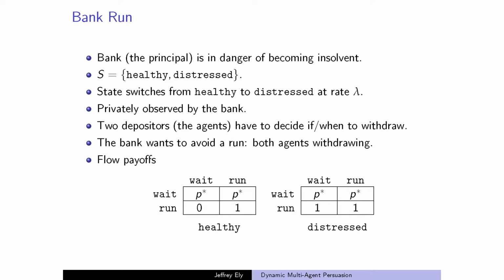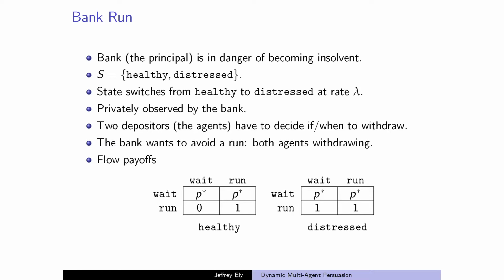And now here is the highly parameterized part. I'm going to describe here the flow payoffs of the depositors. That is their incentive to withdraw as a function of their beliefs, not just about the health of the bank, but also about the action of the other depositor. So the way that I've set up these payoffs, waiting, that is not withdrawing, is going to give a constant payoff, and I'm choosing the number P star, because this is going to enable me to use these observations here.